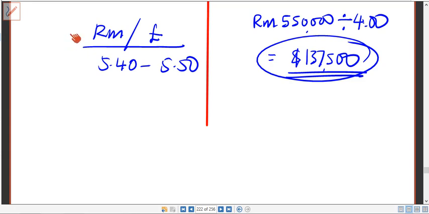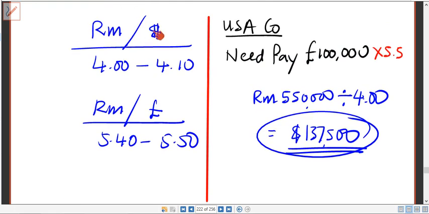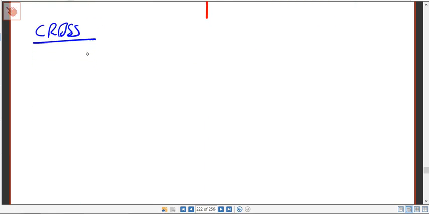Now, if you're going to cross it, listen carefully. What is given here? Ringgit to dollar. You're going to have here ringgit to a dollar given.